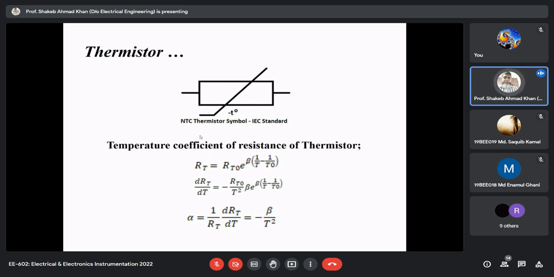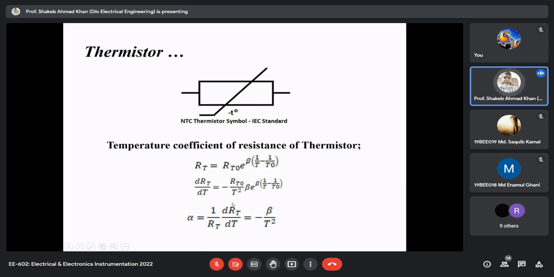So I differentiated this expression relating the thermistor resistance with the temperature, and we get this equation. Alpha, the temperature coefficient of resistance, is the fractional change in resistance with change in temperature, so we divided this expression by RT.